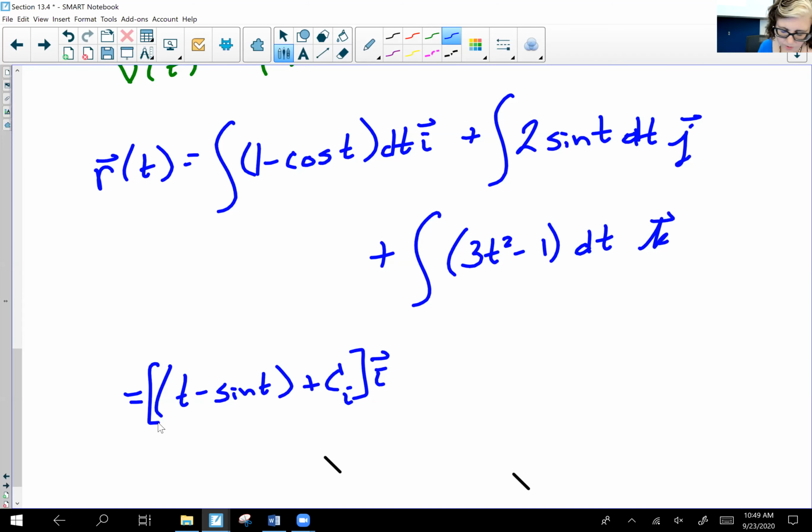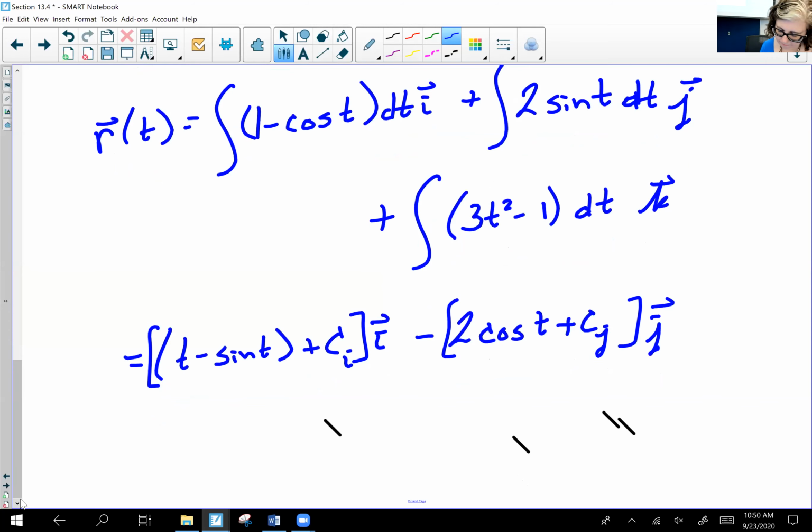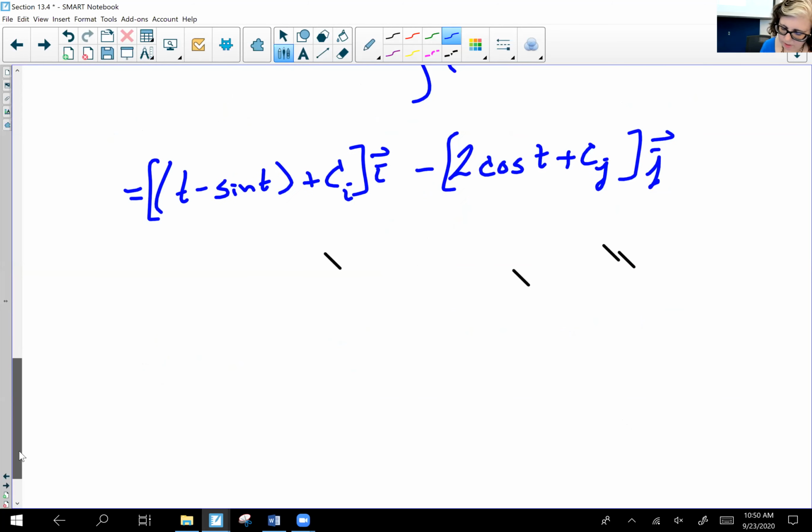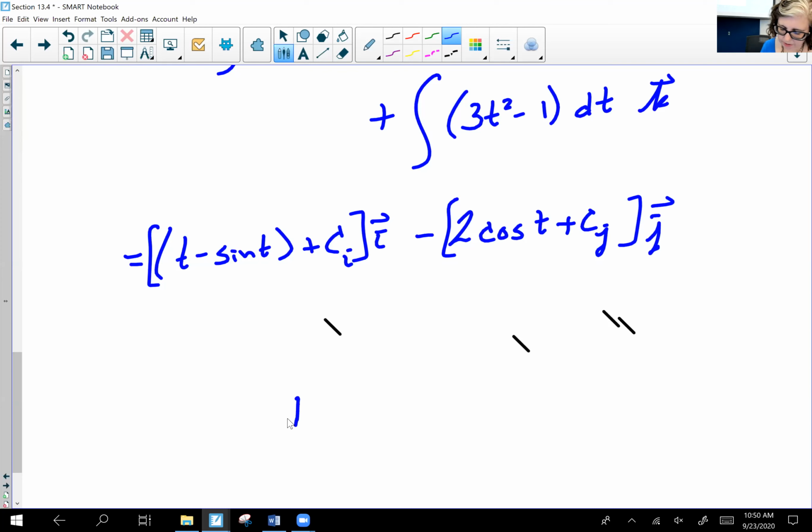Minus 2 cosine of t plus c sub j, and then plus t cubed minus t plus c sub k, k vector.